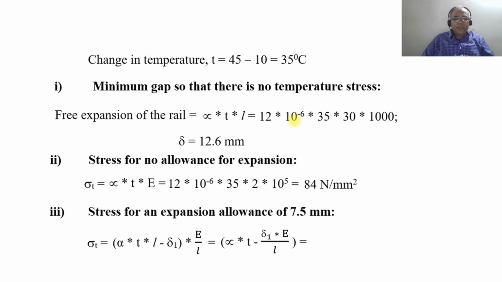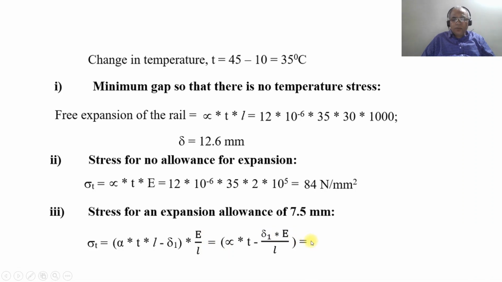If you simplify, when you multiply alpha into T into L into E by L, the L's get cancelled, so it is alpha into T minus delta 1 into E by L.